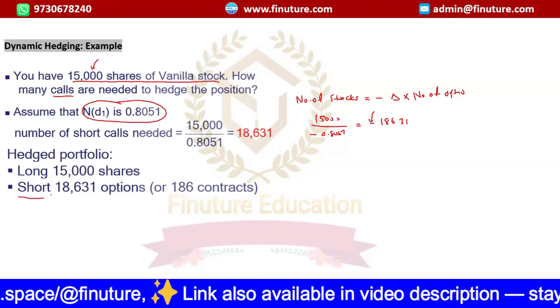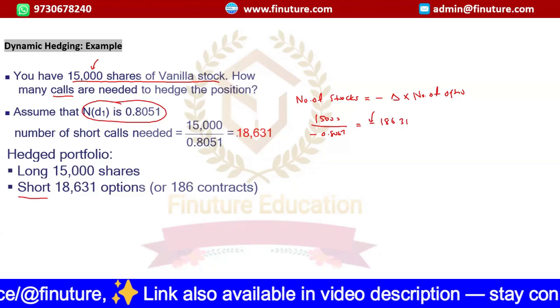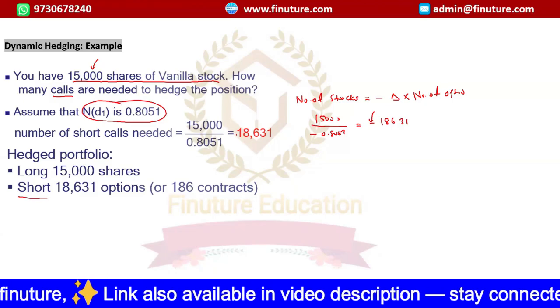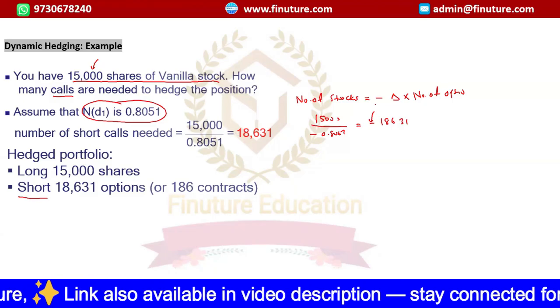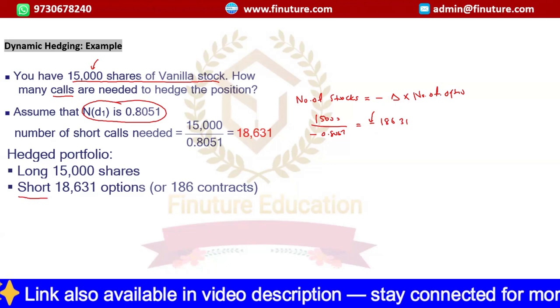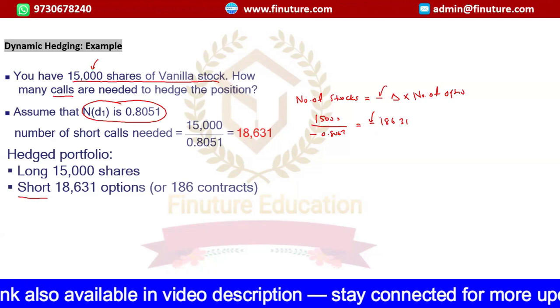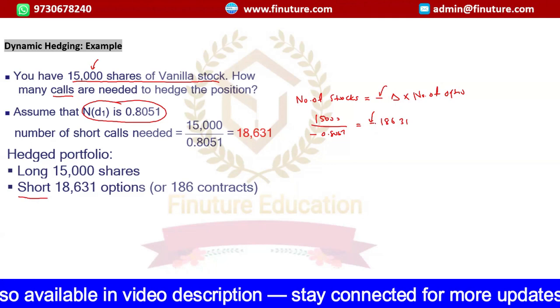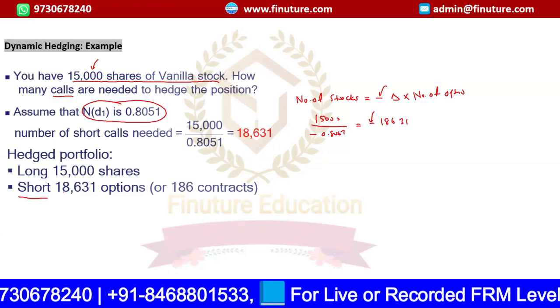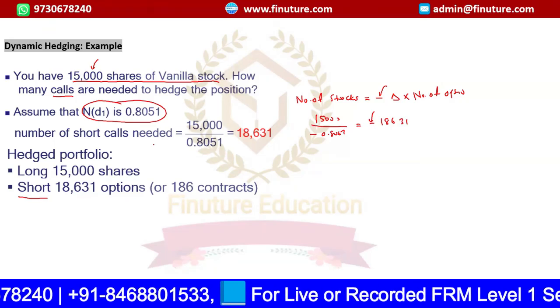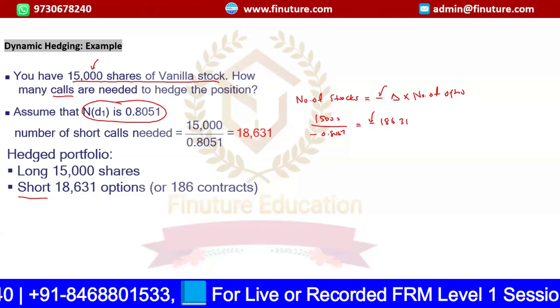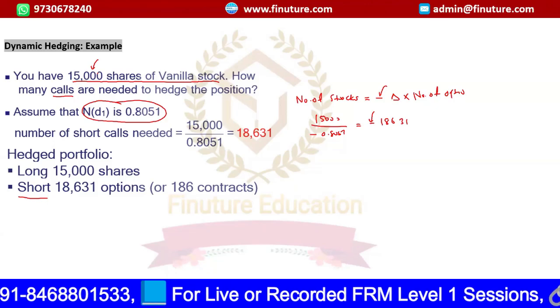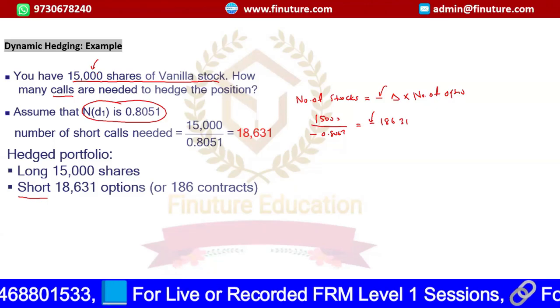Even if you see it is positive here, you may end up concluding it is positive, but this generic equation will give you a hint for your long or short position also. So you will say short these many positions to hedge your current stock position. That is 186 contracts, if you are given number of contracts as well.